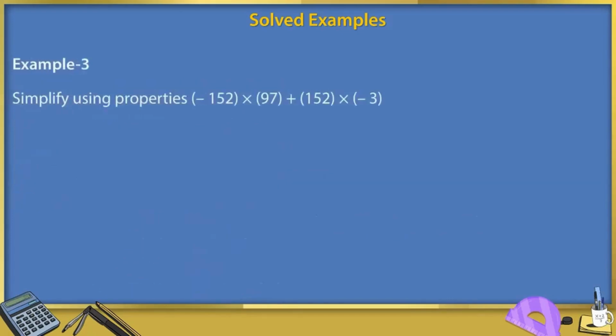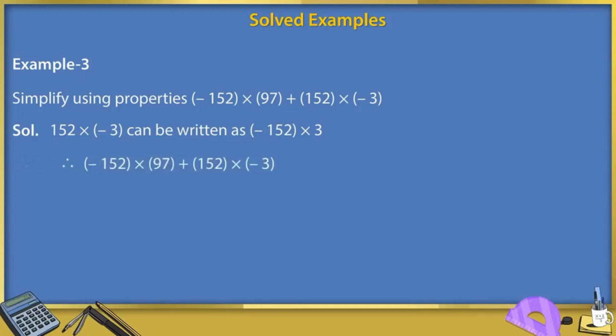Example 3. Simplify using properties: (-152) into (97) + (152) into (-3). Solution: 152 into (-3) can be written as (-152) into 3.